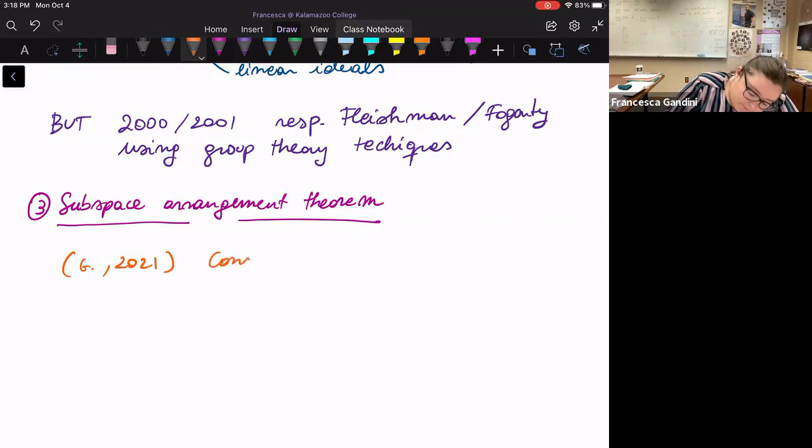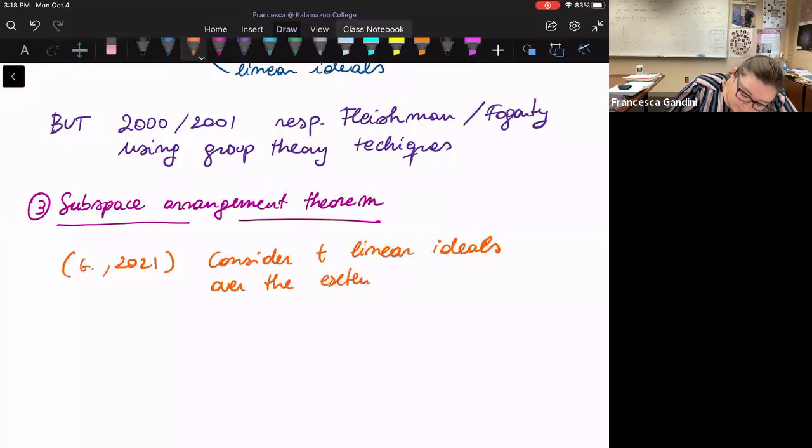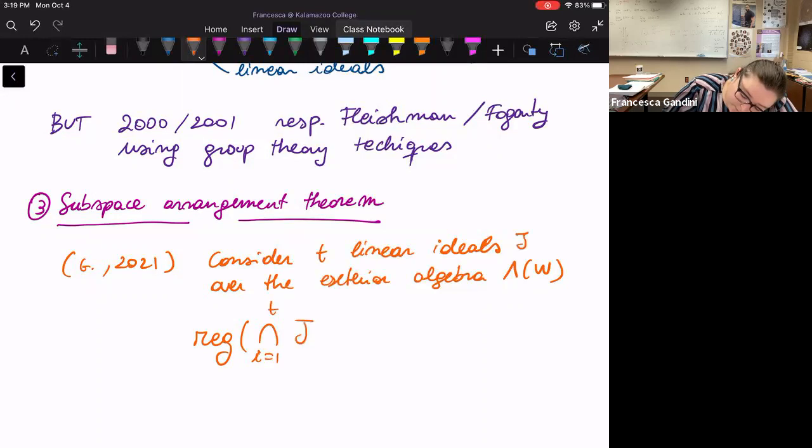So if you consider T linear ideals, so ideals generated by linear forms over the exterior algebra ∧W, then the regularity, in the sense of Castelnuovo-Mumford again, of the intersection from i equal to 1 to T of these linear ideals J_i is bounded above by T, the cardinality of the subspace arrangement.